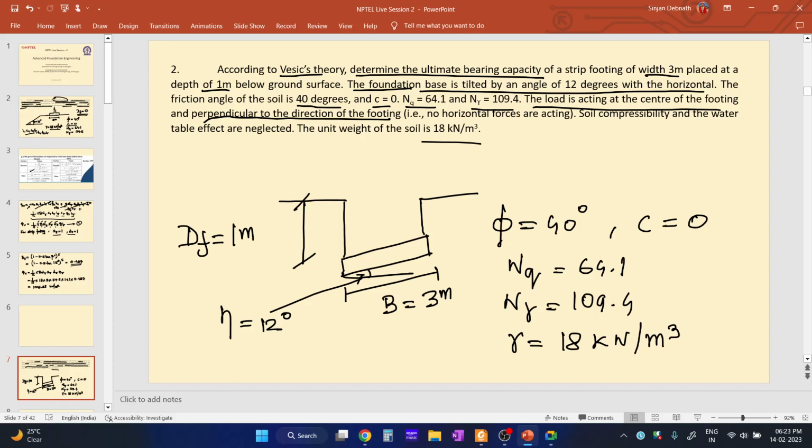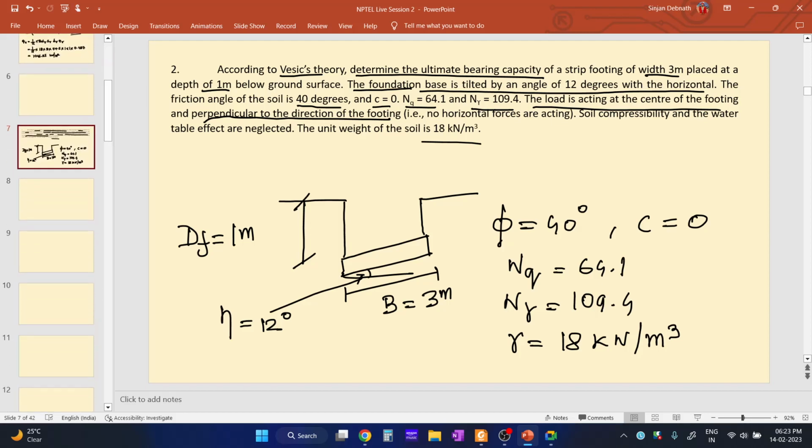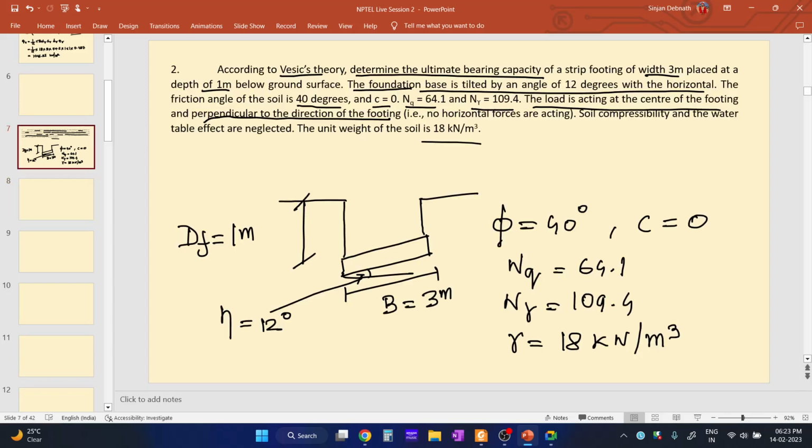So now let's solve this problem. Since the foundation base is tilted in this case, we need to incorporate the tilted base factor. So first of all, we have been asked to find out the ultimate bearing capacity of this strip footing using Vesic's theory.